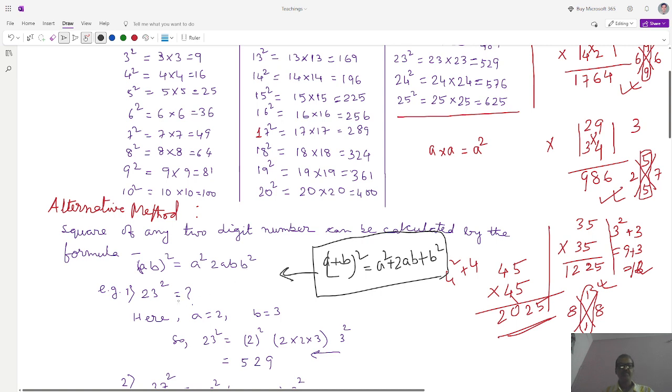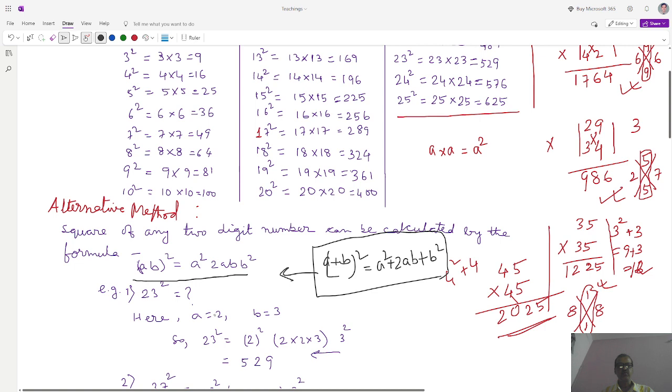If we need to find the square value of 23, that is 23 square, then using this formula we can do it easily.